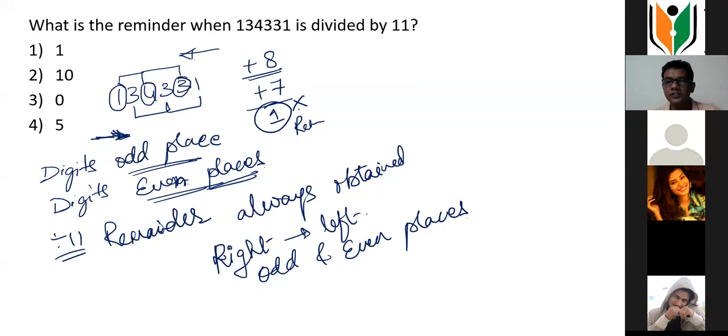Whatever the difference is, if it is negative, then I will subtract it from the divisor. If it is positive, then that itself is my remainder. Are we clear?